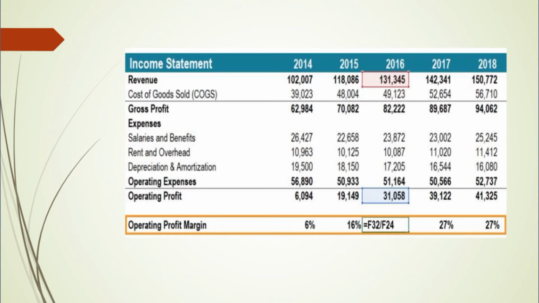Operating expenses is total of 56,890. The gross profit and operating expenses are subtracted, and the result is operating profit. The operating profit of 2014 is 6,094, and the operating margin is 6%.